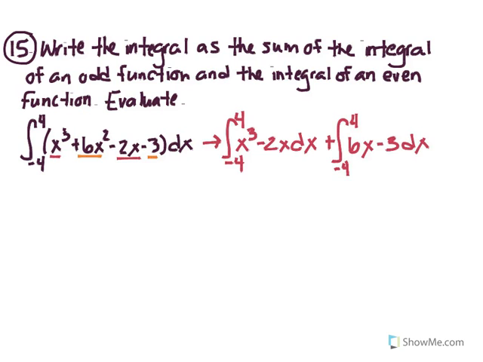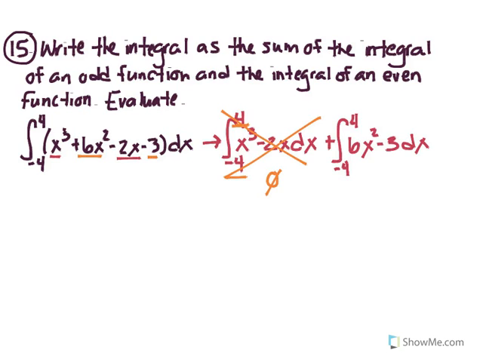So now what we're going to do is use our rules to help us out here. So for the odd function, remember that if these two bounds are the same and you have an odd function, our automatic result will be 0. So this entire part just canceled completely from our problem. Pretty nice. Now the next part, since this part is even, and I forgot the squared over here.